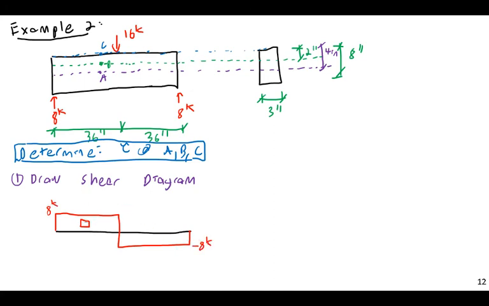So this is going to have positive shear here, and by this I mean positive shear according to the conventional notation I described when we looked at shear and bending moment diagrams. And then this would be negative shear, here, here, here, and here.